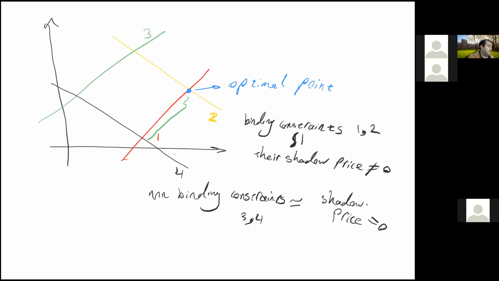Having said that, the point is on the constraint, so the slack should be 0, or I mean surplus, anyway. But for the non-binding constraint, we have either surplus or slack. Since we mostly work with Excel, let's just call all of them slack, not differentiating between slack and surplus.